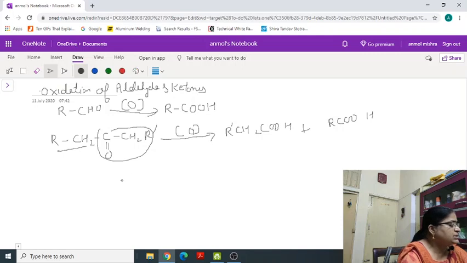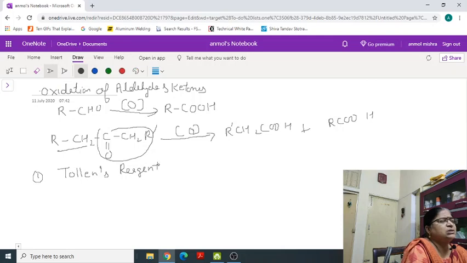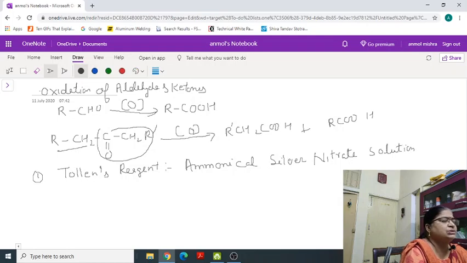Next is the oxidation by Tollens reagent. Now what is Tollens reagent? Tollens reagent is ammoniacal silver nitrate solution.